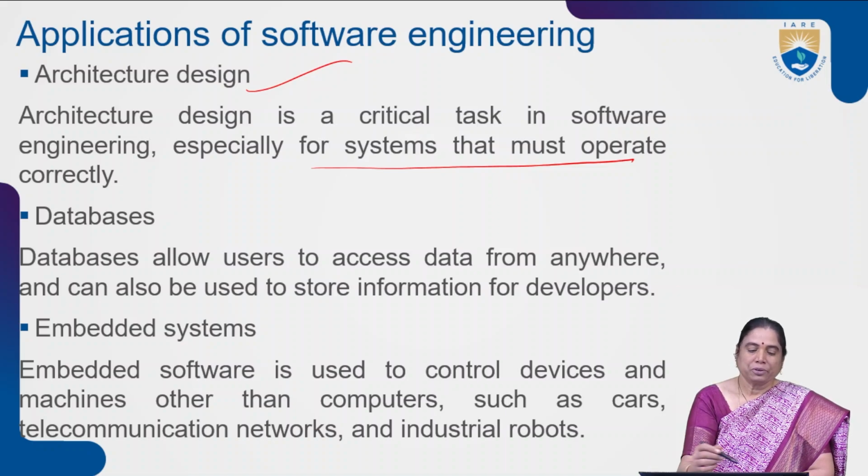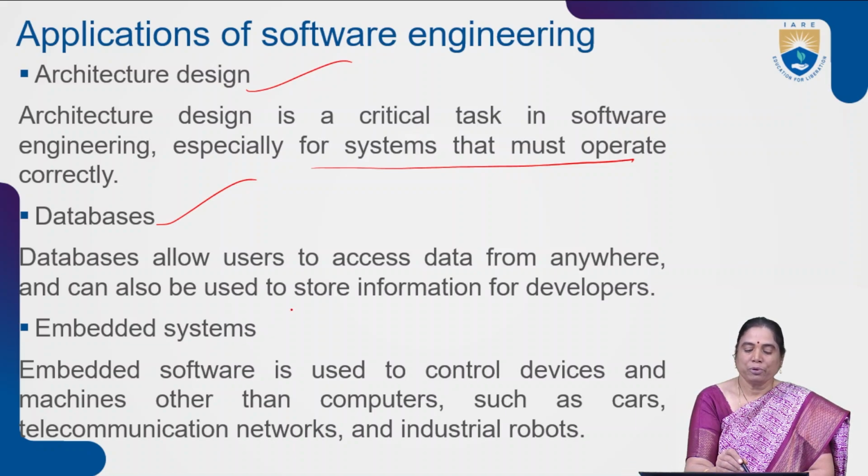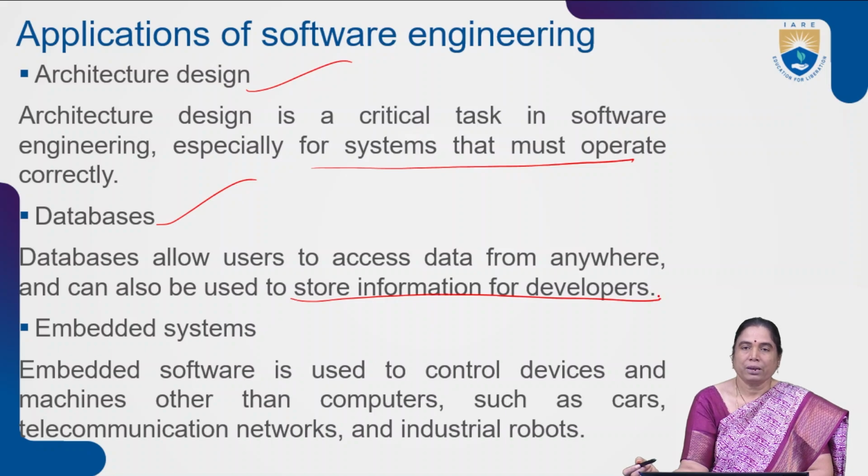The next application is databases. Databases allow users to access data from anywhere and can also be used to store information for developers. The backend plays an important role in the application, and data warehousing and knowledge discovery can also be implemented with software engineering. Another application of software engineering is embedded systems.